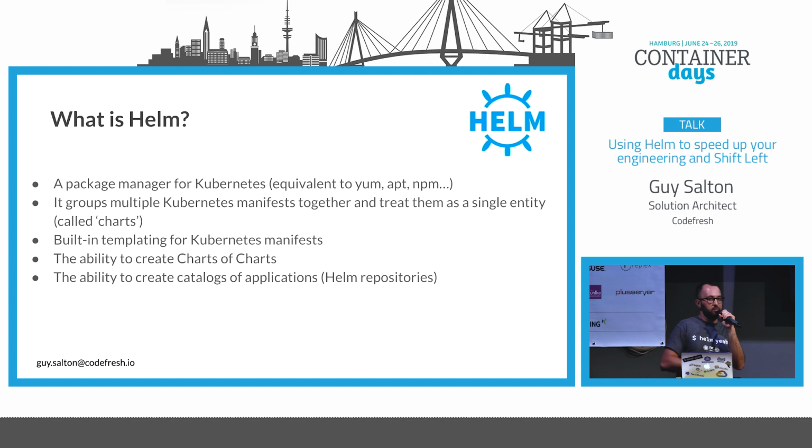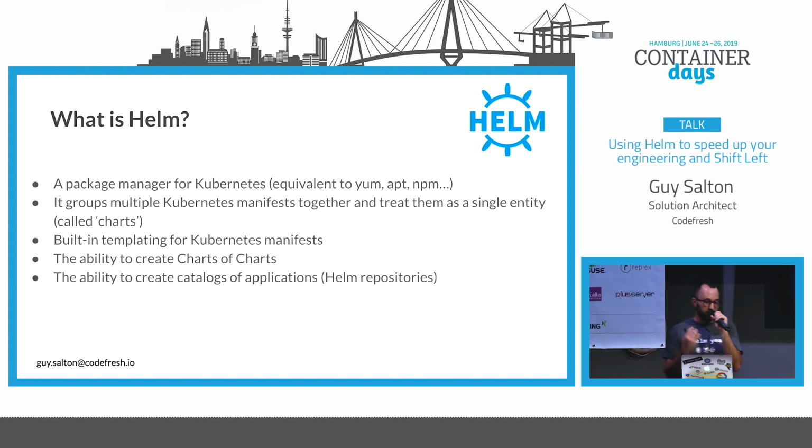So what is Helm? I was very happy to see all your hands here, and see that most of you are familiar with Helm. For those who don't know it, Helm is a package manager for Kubernetes. If you think about YUM or apt or NPM for node packages, it's a similar thing for Kubernetes. It lets you group multiple Kubernetes manifests and then treat them as a single entity, which is called a chart.